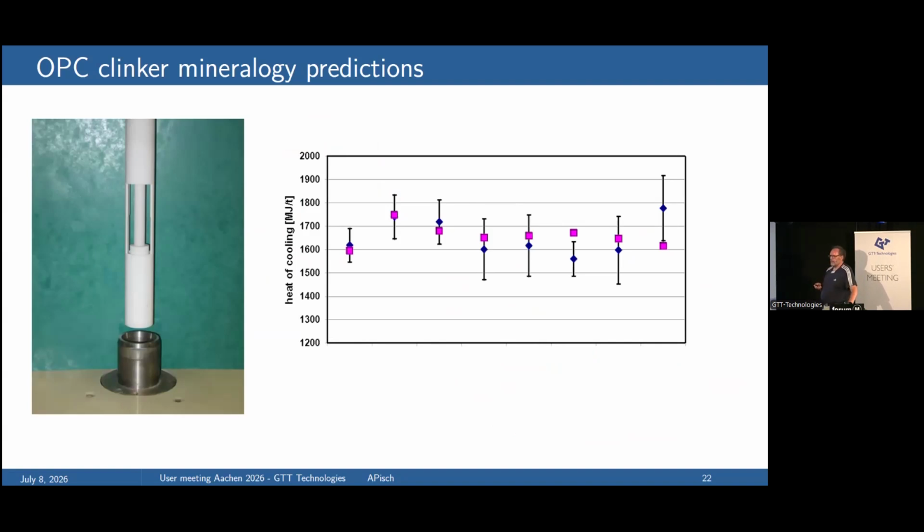And this is the heat of cooling, because the clinker, once it is formed, we have all the data. We have the high temperature data, we have the room temperature data, so we can calculate the heat content, and we can measure it. And you see that that was an indirect test, that the modeling was not too bad, because except this one and this one, all of them were in between uncertainty.